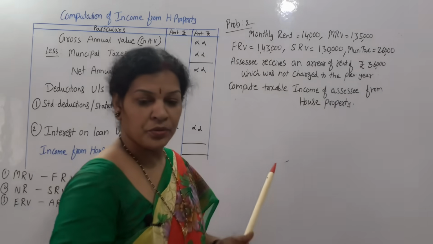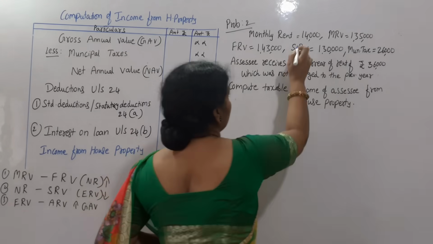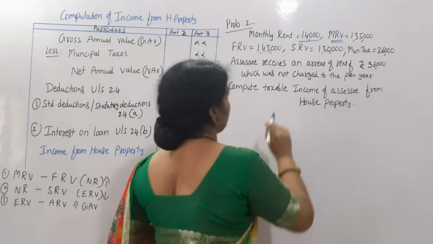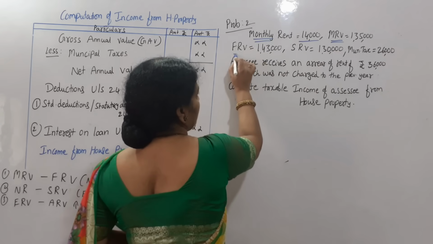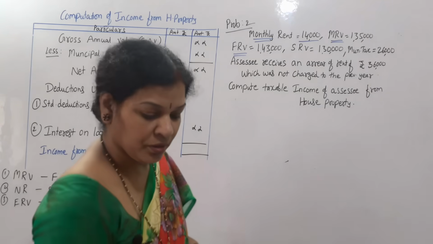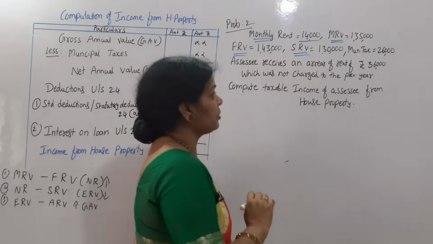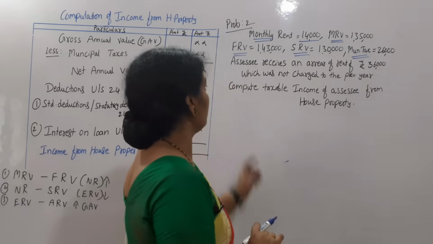Monthly rent, actual rent is 14,000 monthly, and MRV is 1,35,000. This is the monthly rent, the actual one, and FRV, fair rental value, is 1,43,000, and standard rental value is 1,30,000. Municipal taxes he paid 26,000.